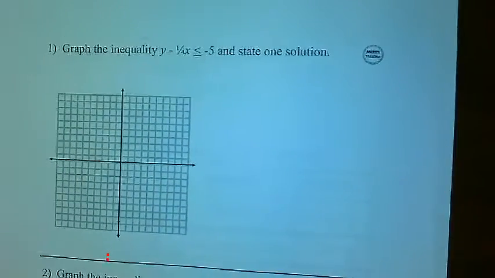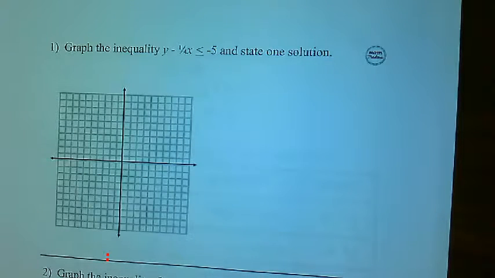Now, this is another thing I want to make sure you look at in these questions. It says to state one solution. When we talked about regular equations, not inequalities, a solution to an equation is anything on the line. All the points on the line are solutions. But the tricky thing about an inequality is there are way more solutions than just a line.